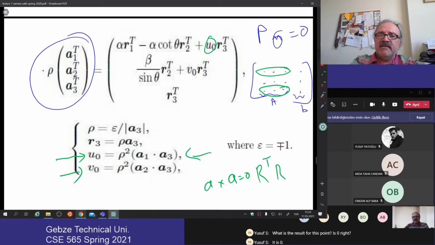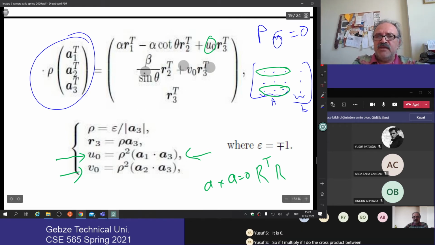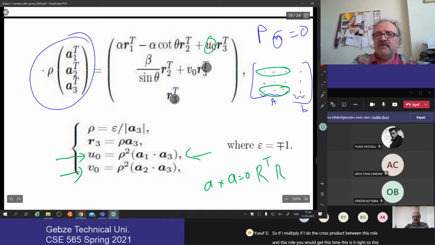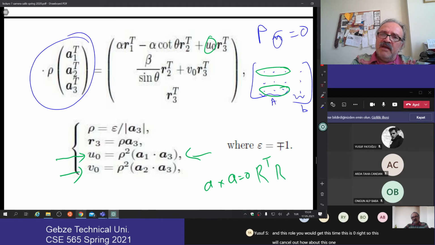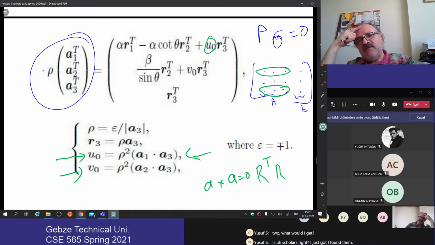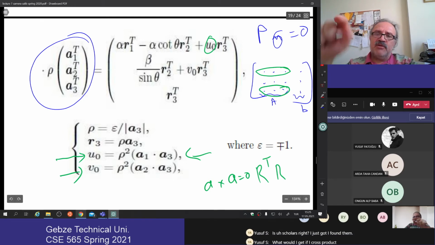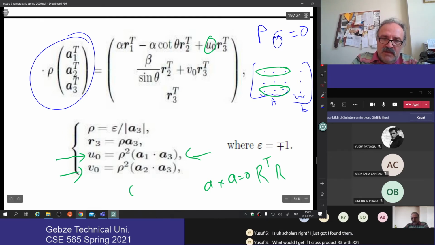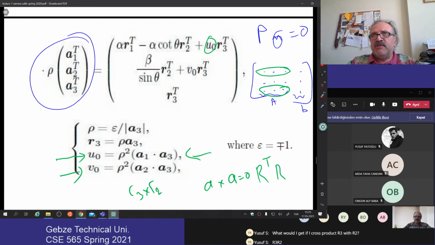So if I do the cross product between this row and this row, this times this is 0, so this would cancel out. How about this one? If I take the cross product of R3 with R2, what would I get? These are scalars, right? I found them.